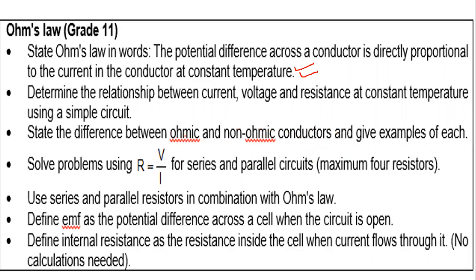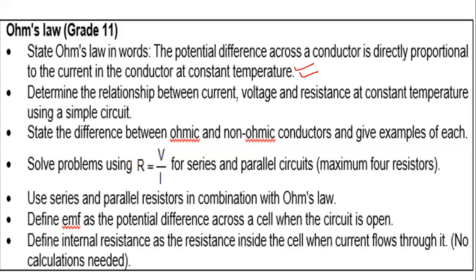We know that the form of carbon that we call graphite is also ohmic. And then we have non-ohmic conductors. Those are, for example, diodes, your transistors, your LEDs, the filament that you get in light bulbs, etc. So those are examples of non-ohmic conductors. So you must know the difference between them.